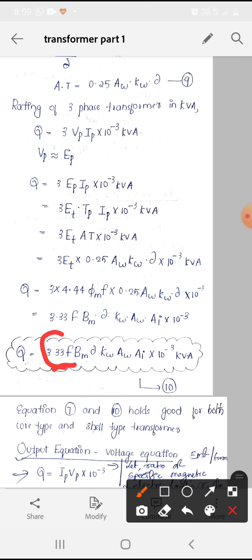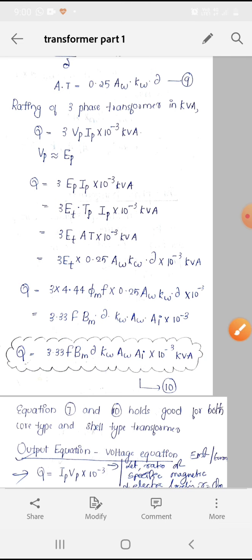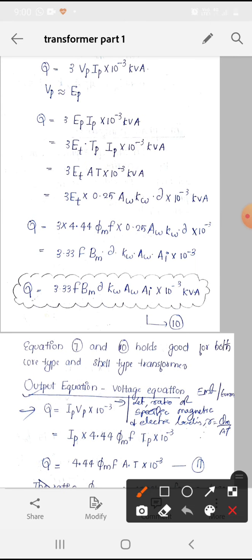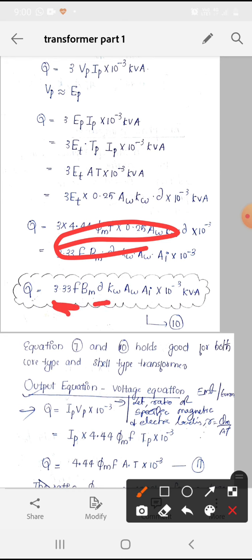Okay, it's easy for you to remember because for single phase it was 2.22 and for three phase, after the multiplication calculation, it changed into 3.33. The rest is the same: F Bm AI KW AW delta into 10 raised to minus 3 kVA. Okay, so these two are the equations for single phase and three phase transformer.